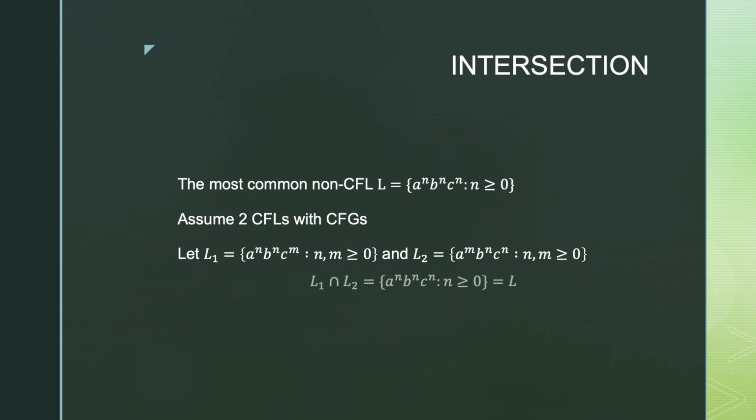So, in other words, we are producing our initial non-CFL language a to the power n, b to the power n, c to the power n, which is nothing but L1 intersection L2 equals our initial language L. And hence, the intersection of two context-free languages is producing a non-context-free language. CFL is not closed under intersection.